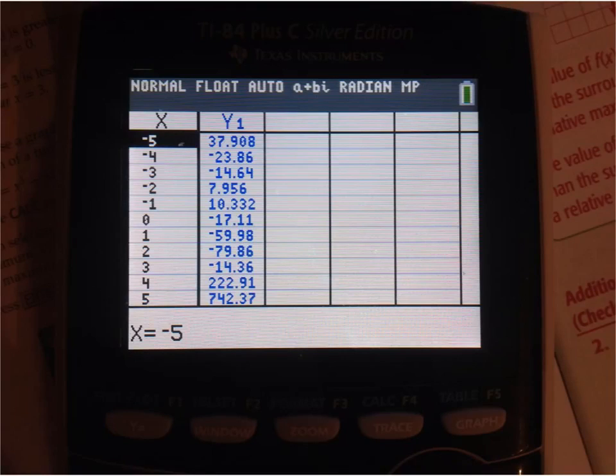Now the idea is that if y is positive, like here, and then in the next one it's negative, then the graph must have crossed somewhere between -5 and -4, because at -5 it was way up at 37, and at -4 it's way down at -23, so in between there is a 0. So in this particular table, you can see that there must have been a 0 here.